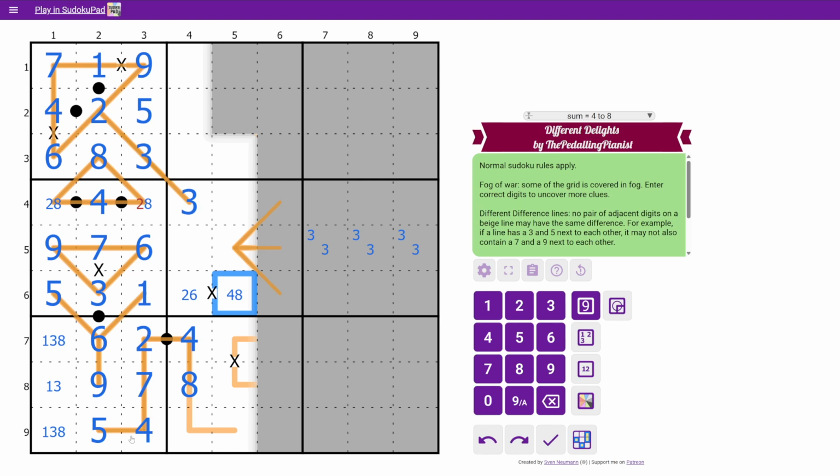Well, what differences have we had here? We've had 1, we've had 2, we've had 3, we've had 4, we've had 5. We can have 6 or 7. And then we would need another one.